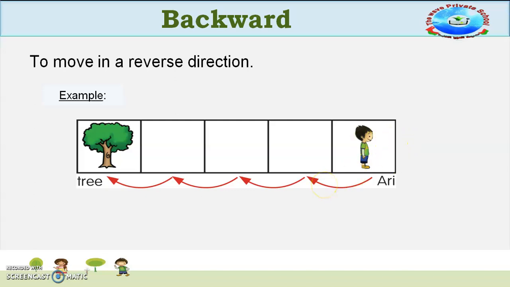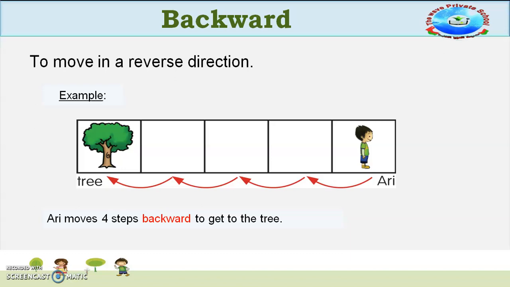If Ari wants to get to the tree, yes, he needs to walk 1, 2, 3 and 4 squares or 4 steps in a reverse direction. That is, we can say that Ari moves 4 steps backward to get to the tree. Hope you understood the two direction words forward and backward.